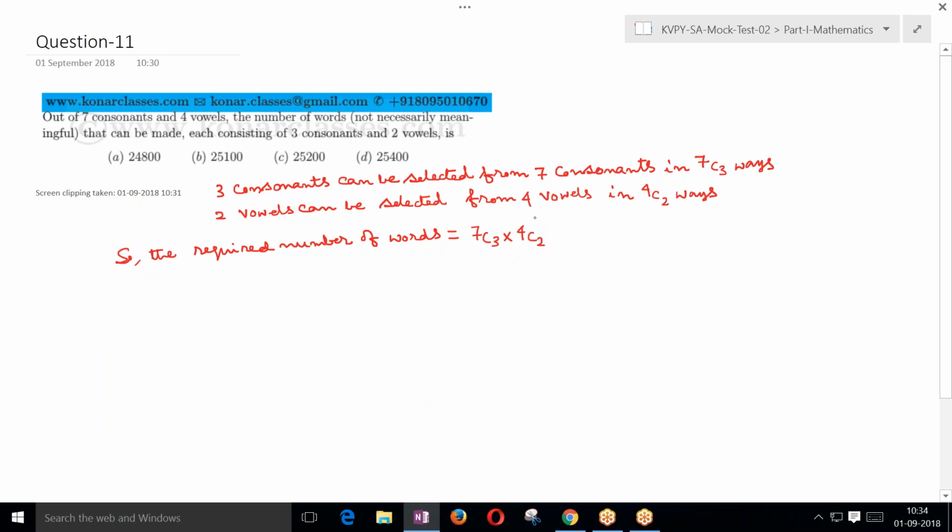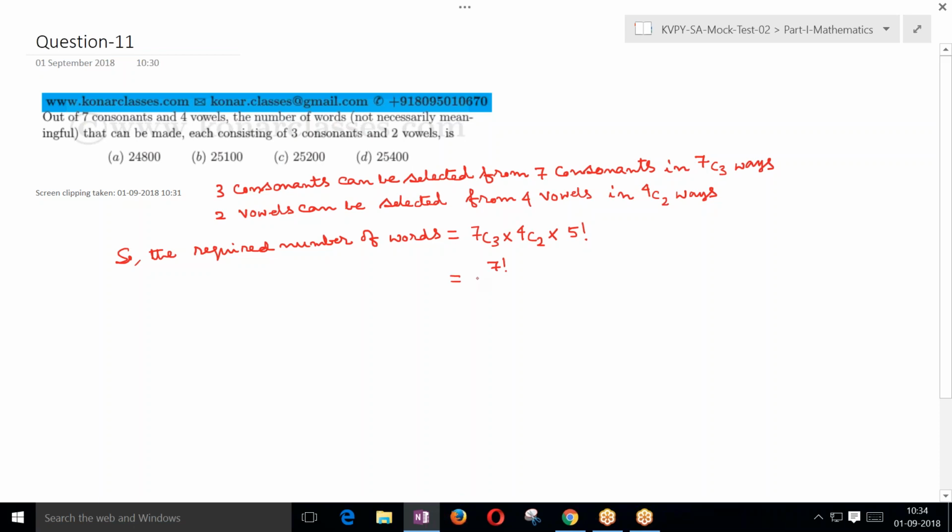Now these are the number of ways. In each of these, what is this number? The number of words containing 5 letters, a mix of 3 consonants and 2 vowels. Those 5 letters can be interchanged among themselves, and that can be done in factorial 5 ways. So the total number of ways is that into 5 factorial. Now we can simplify this one. 7C3 is equal to what?